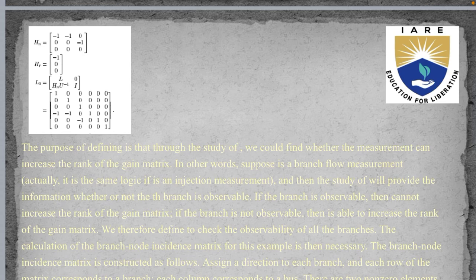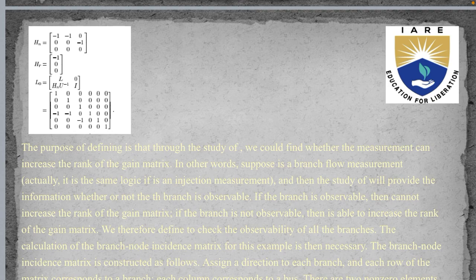L0 is a square matrix of order 2 by 2, where row 1 is L and row 2 is H_N U^-1, I. And L0 tilde is the 6 by 6 square matrix: row 1: 1 0 0 0 0 0; row 2: 0 1 0 0 0 0; row 3: 0 0 1 0 0 0; row 4: -1 -1 0 1 0 0; row 5: 0 0 -1 0 1 0; row 6: 0 0 0 0 0 1.